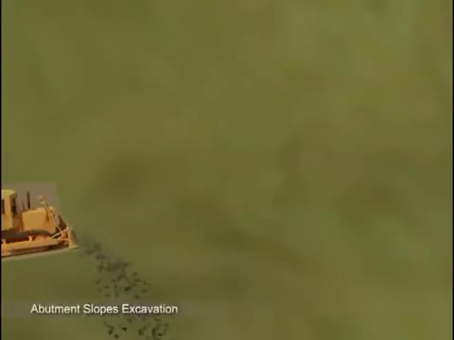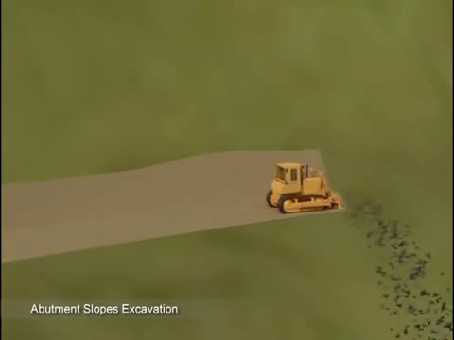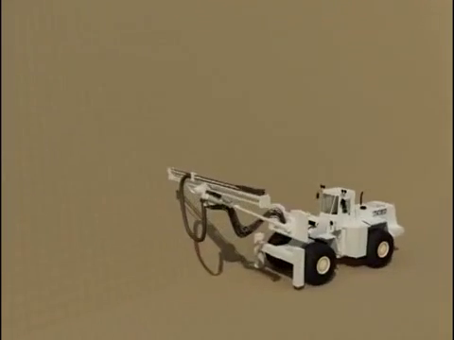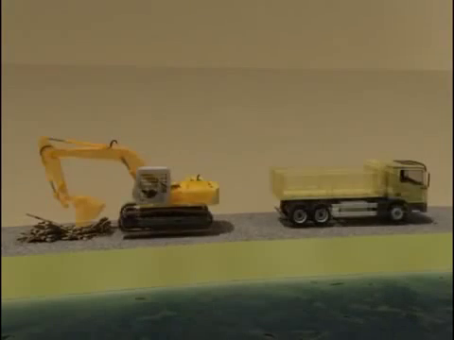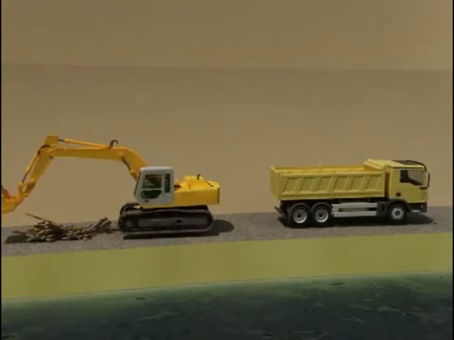Simultaneous to river diversion, excavation for dam abutment, both in soil and rock, is taken up. Excavation is carried out with a small excavator and 1-boom hydraulic drill. The abutment slopes are excavated in stages until the river water level is reached.